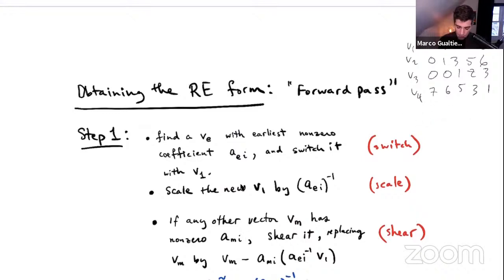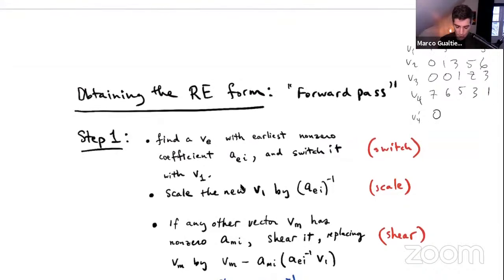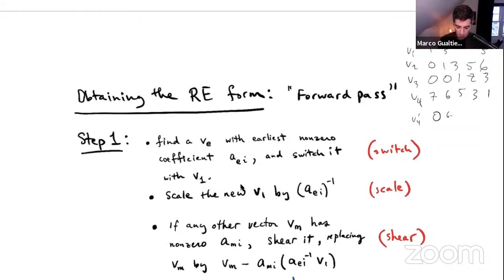In the first position, I'm going to get 7 minus 7 times 1, so I'm going to get 0. Then I'm going to get 6 minus 7 times 2/5 in the next position. Then I'll get 5 minus 7 times 0, so I'll just get 5.